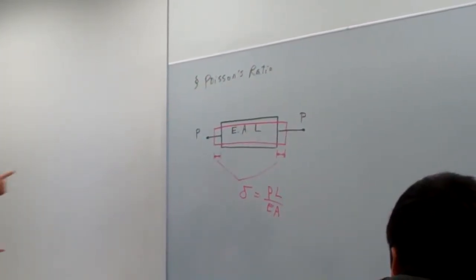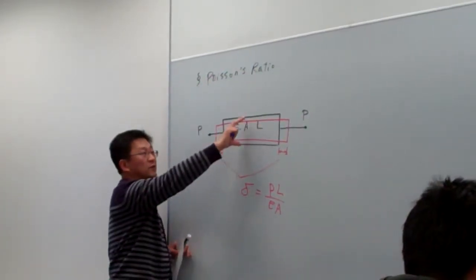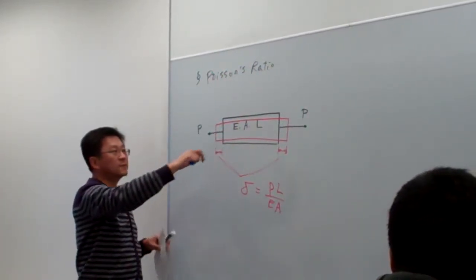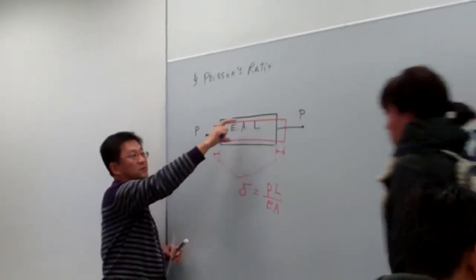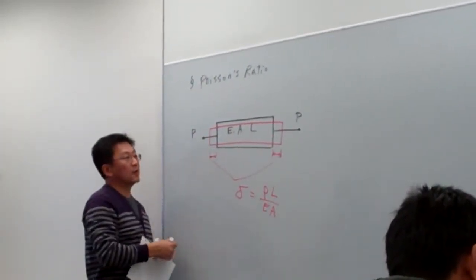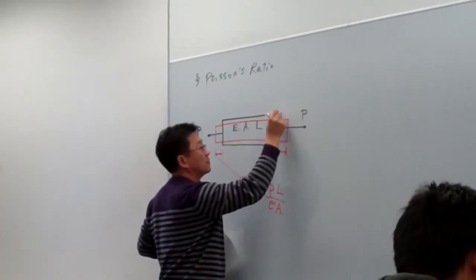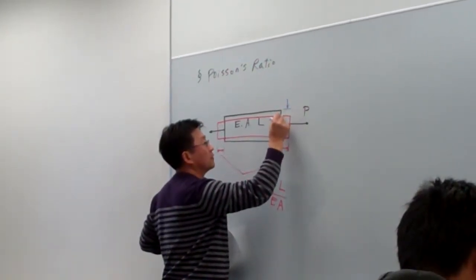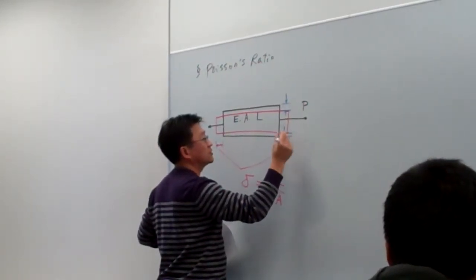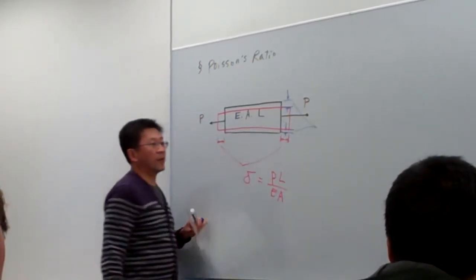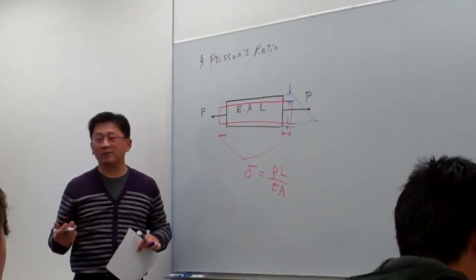And that is the whole story. Now you can see in this drawing, I also drew the material deformation due to the stretching. In the vertical directions, or what we call the lateral directions, the material gets thinner. This amount plus this amount, the two amounts, is what we call the lateral deformation.